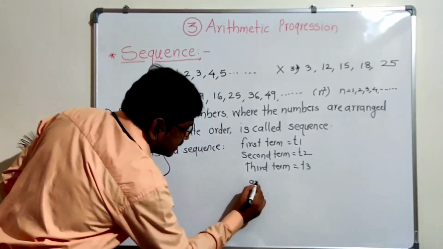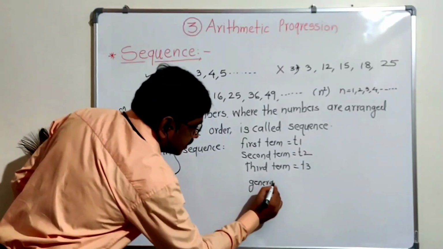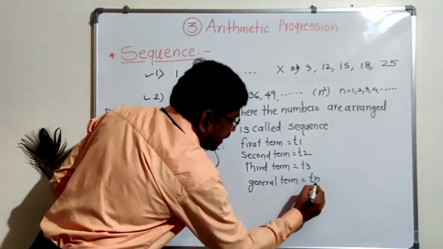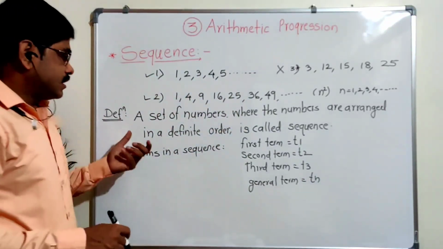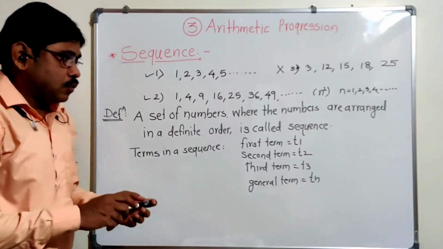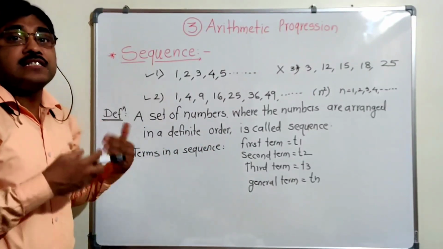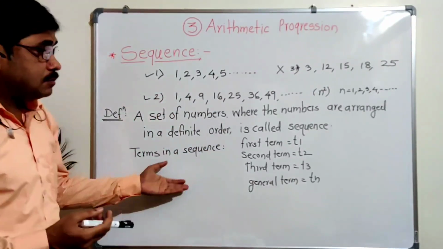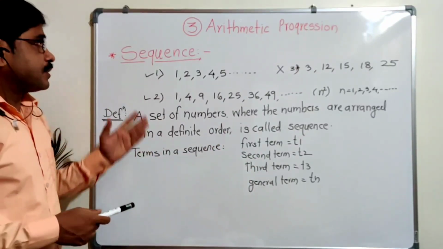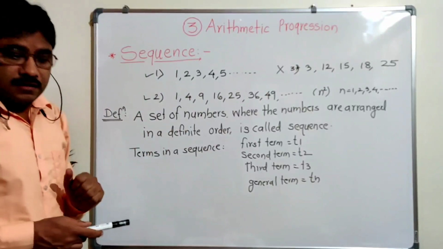General term, general means nth term, is denoted by Tn. So in this way, the terms in the sequence are written as T1, T2, T3, and the general term, the nth term of the sequence, we can write as Tn. In this way, the first concept is sequence.